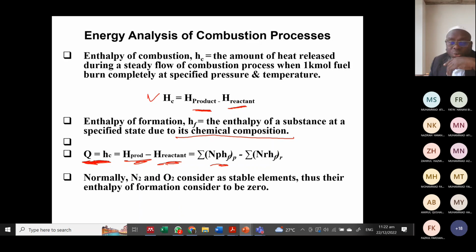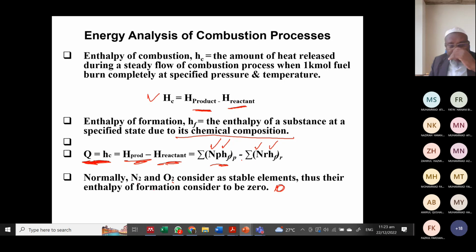This can be represented by this equation: the number of moles of the product times the enthalpy of formation of the product, minus the number of moles of the reactant times the enthalpy of formation of the reactant. Normally nitrogen and oxygen are considered as stable elements, thus their enthalpy of formation is equal to 0.